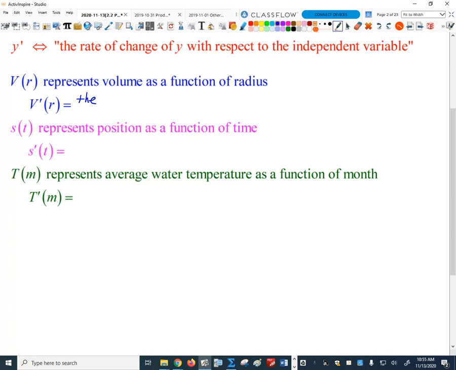Somebody chime in if they think they got an answer on this one. There it is. The rate of change of volume with respect to radius.